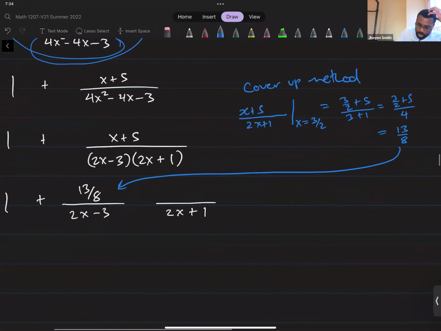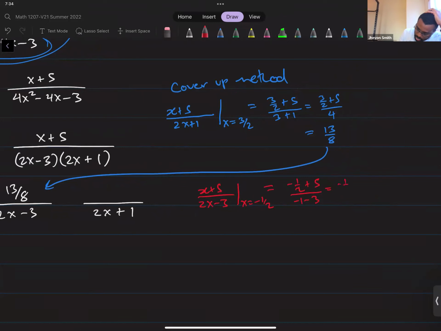And then if I do the other one, take the x plus 5, cover up the 2x plus 1 and just leave the 2x minus 3. And then I plug in x equals minus 1/2, because that would be what I need to make 2x plus 1 equal to 0. Then that's going to be minus 1/2 plus 5 over minus 1 minus 3.